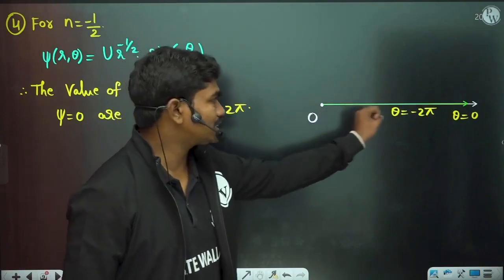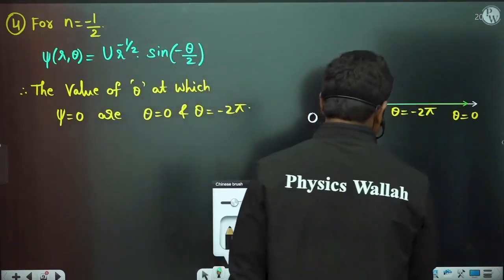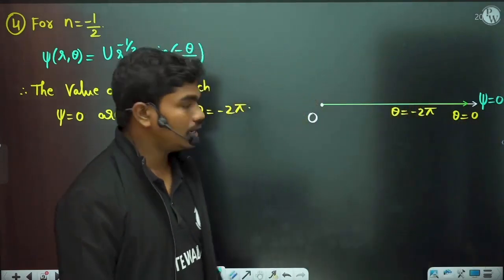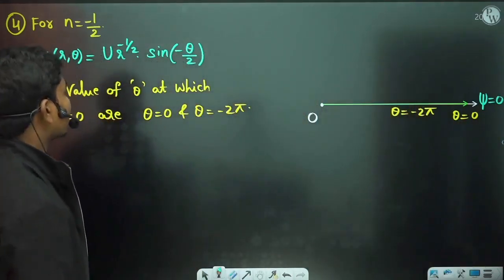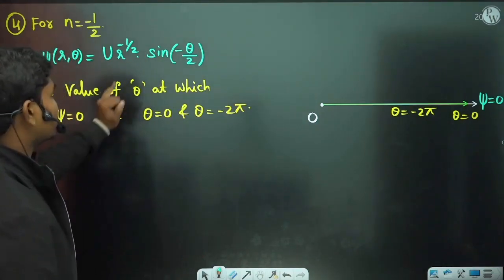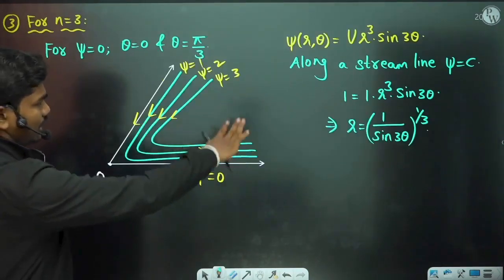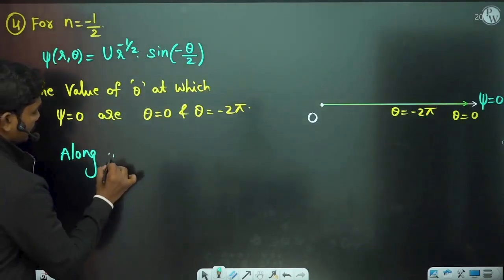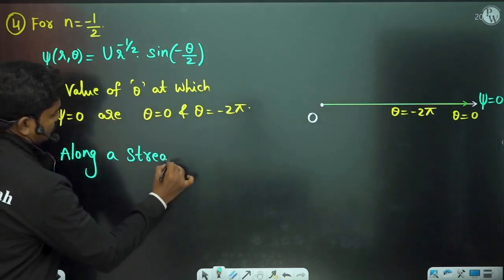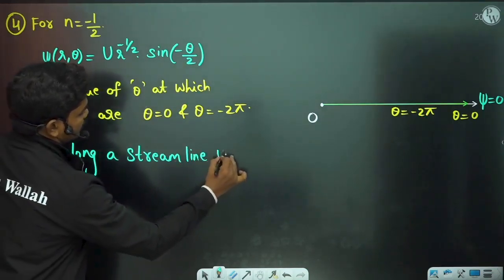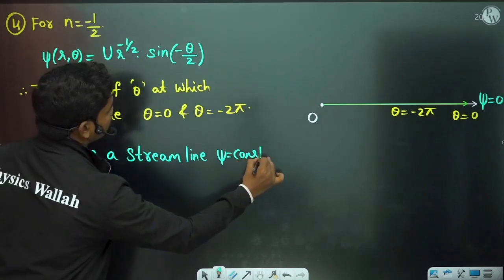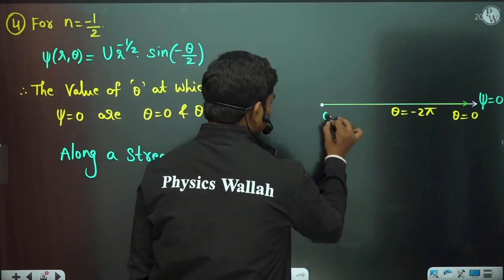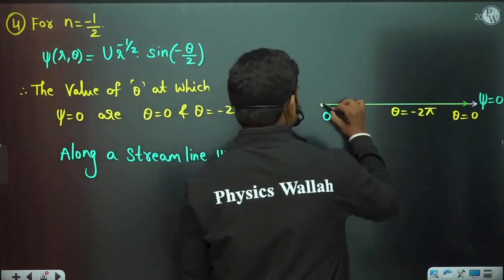So this is the streamline along which psi is equal to 0. Correct? Now if you try to plot the streamlines in this case, along a streamline psi is equal to constant, of course. If you plot the streamlines, they come something like this.